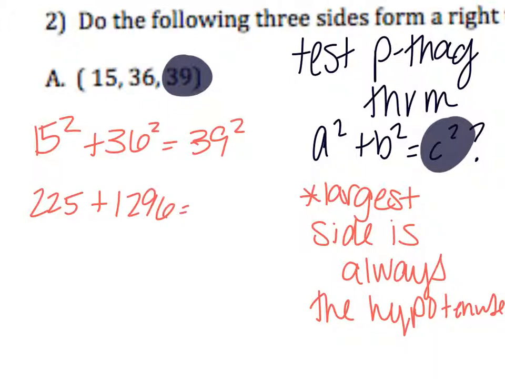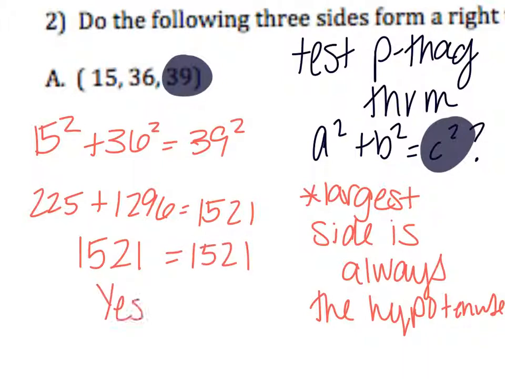And 39 squared is 1,521. So I'm going to add 225 plus 1,296, and I'm going to get 1,521. And since that does in fact equal what I got for c squared, these sides do form a right triangle.